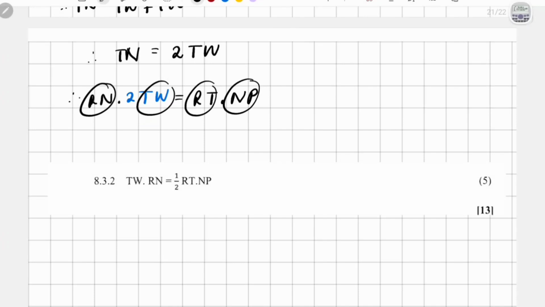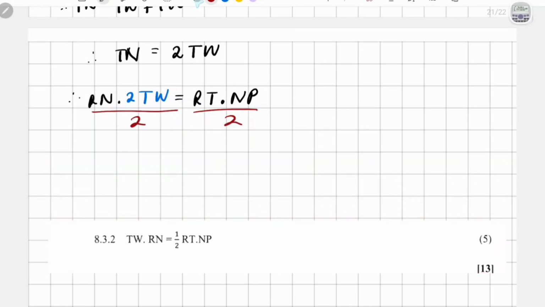That's not an issue. If we just decided to divide both sides of this equation by 2, we can get it to come over here and be a half. So this is what we're doing. We're dividing both sides by 2. And so the 2 cancels. You have RN, and you can put it in the same order if you want, because you have WT here. So I said WT first, then multiplied by RN, which we have left.